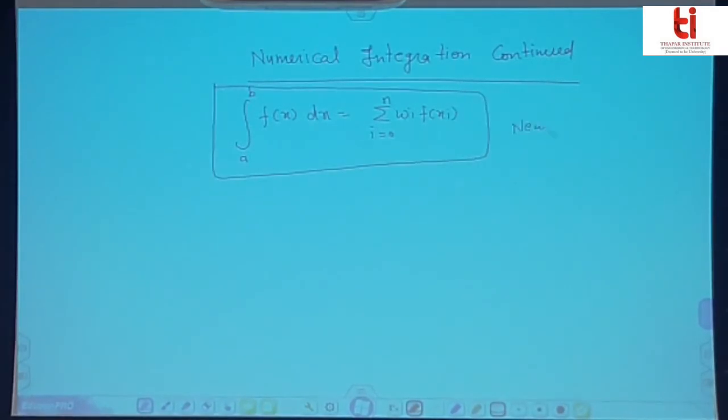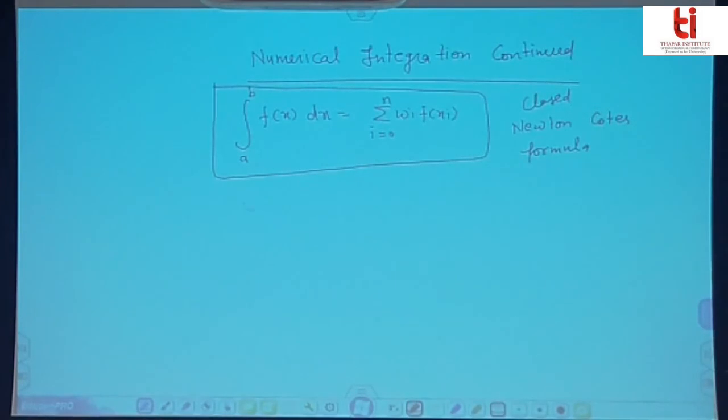Newton-Cotes formula. Here we are using the closed Newton-Cotes formula. Closed, why?